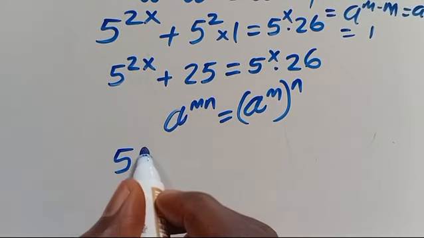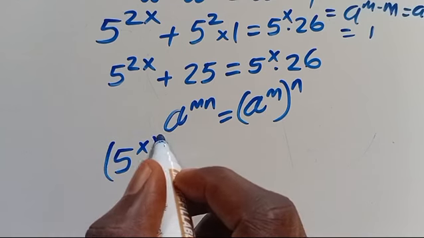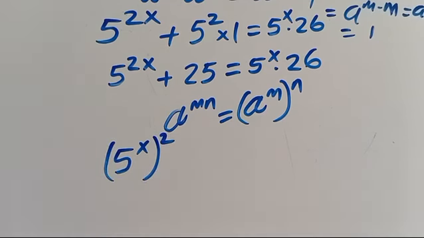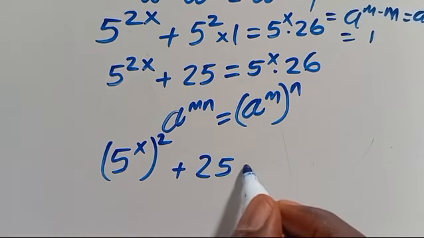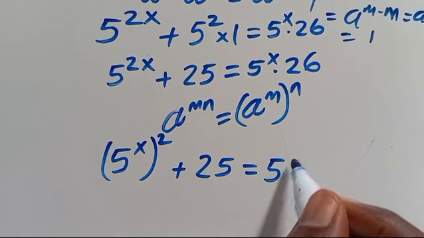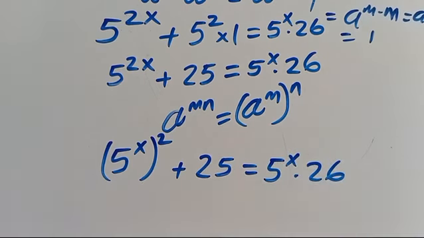This will be 5 to the power of x, all to the power of 2, plus 25 equals 5 to the power of x times 26.